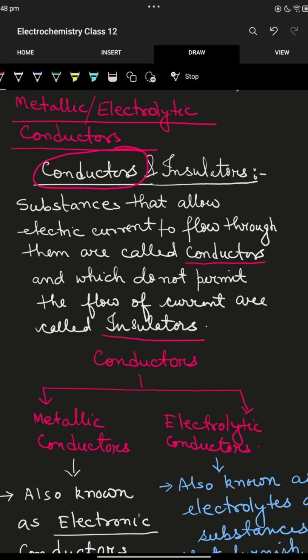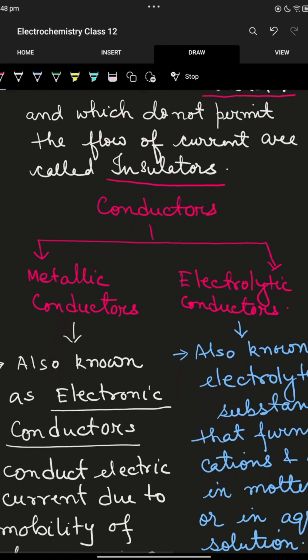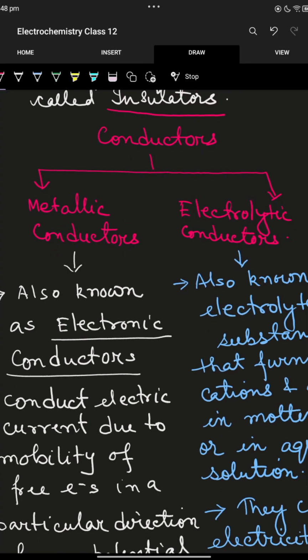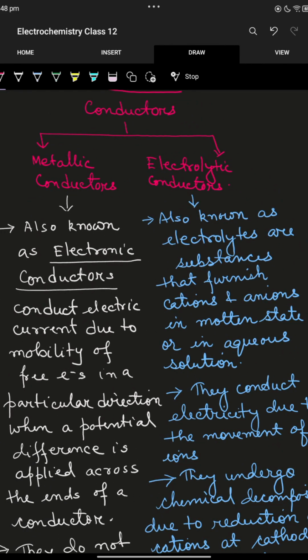And those which do not permit the flow of current are known as insulators. That is, if those substances are unable to allow the current to pass through, they are insulators. So conductors are of two types. One is metallic conductor, the other is electrolytic conductor.